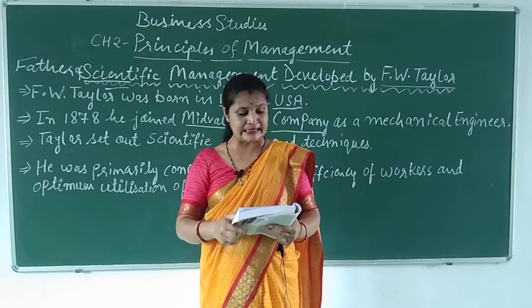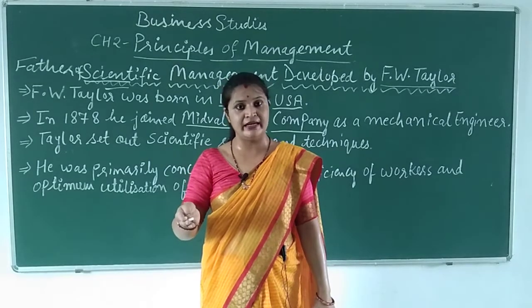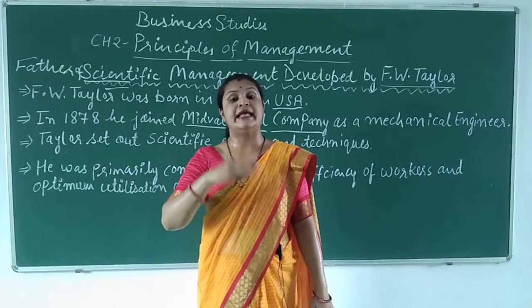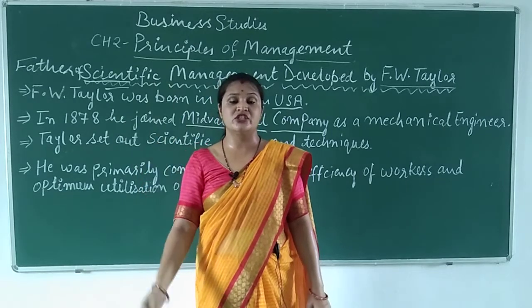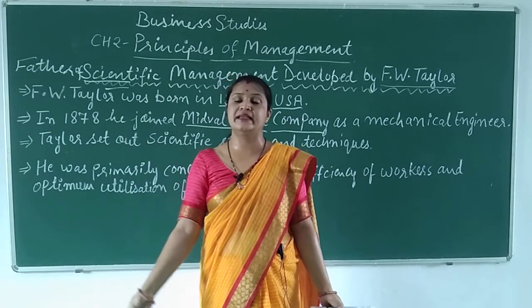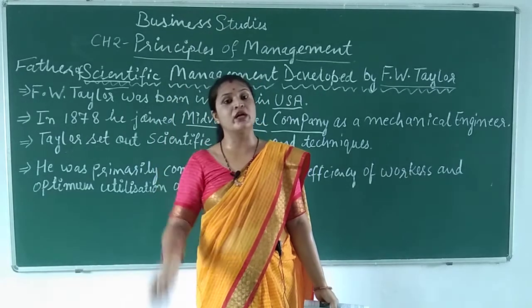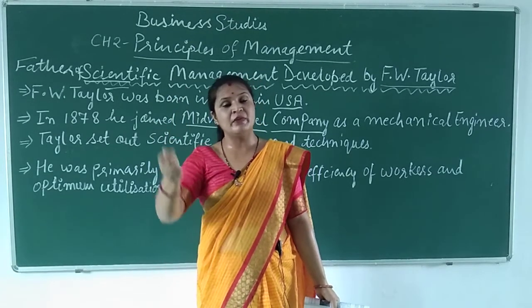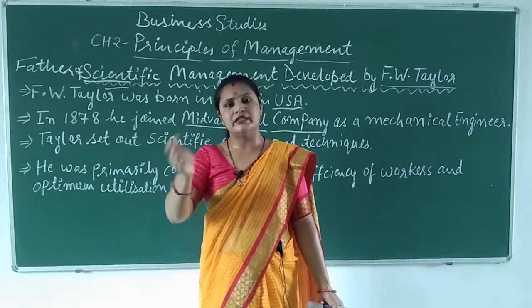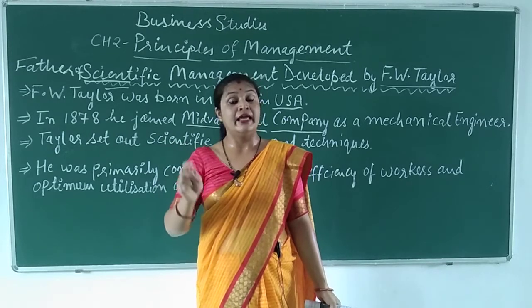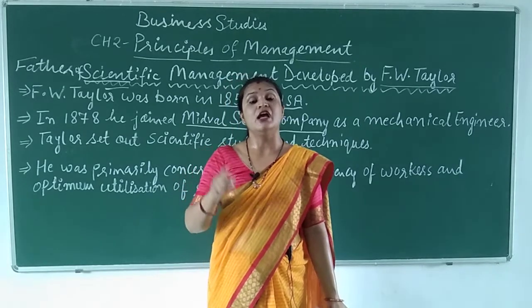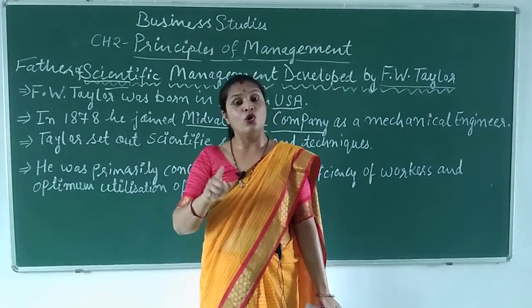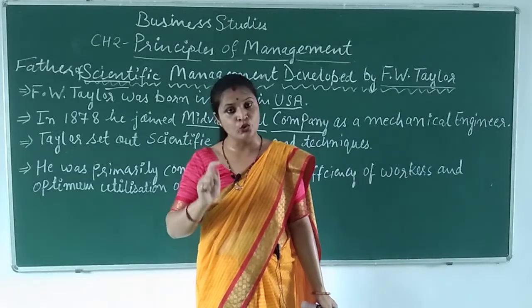Not just sitting like that, seeing that workers have some problem, and taking whatever decision he wants. But that is wrong. Mr. Taylor is saying that we should take the decisions by applying scientific tools.